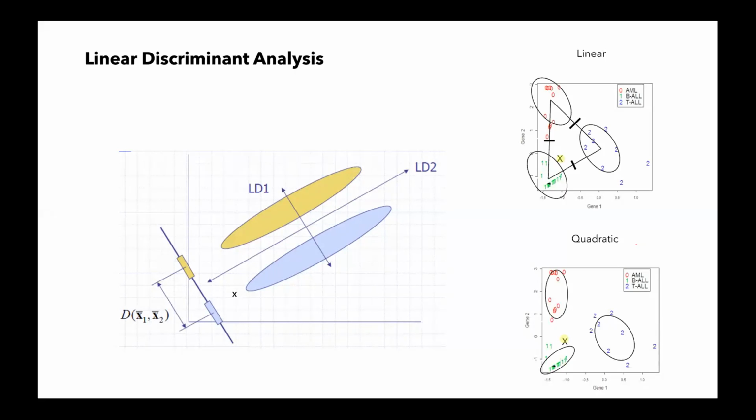In some sense, LDA is the supervised alternative of PCA. Why? Because instead of finding the best principal components that separate all the samples based on the variance, here we are finding a line that can accurately separate our classes.